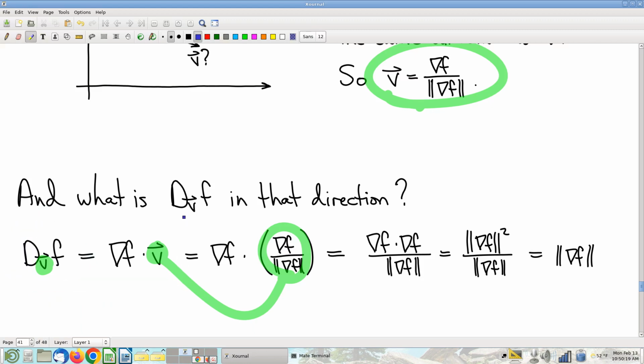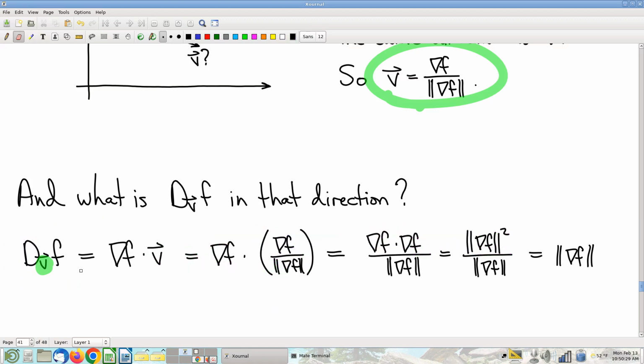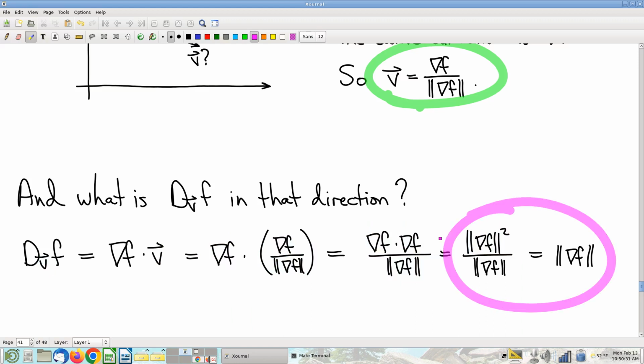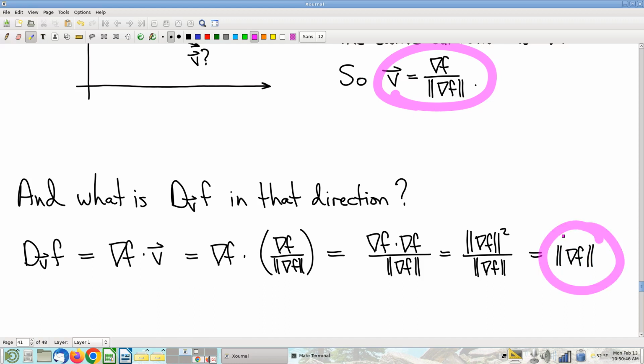And then I can take advantage of the fact that this dot product is magnitude squared. And then I get magnitude squared divided by magnitude, which is magnitude. And so there's that answer to the question. So the direction of fastest increase is that expression, and how fast the function is changing in that ideal direction is that expression.